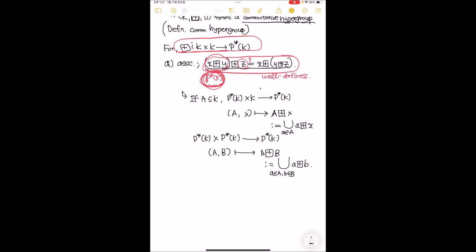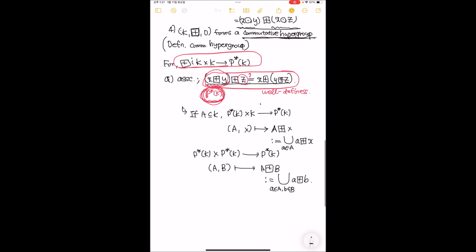Okay, what is the definition of a commutative hypergroup?